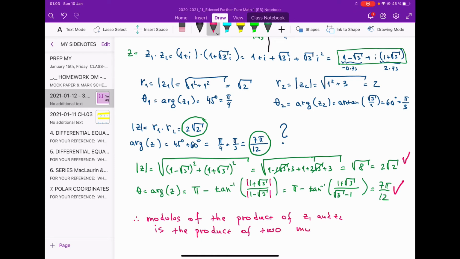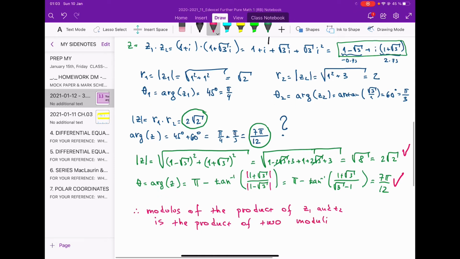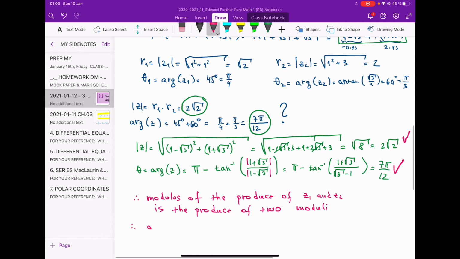Moduli is the plural of the word modulus. And the argument of the product of Z1, Z2 is the sum of the arguments of the original numbers.